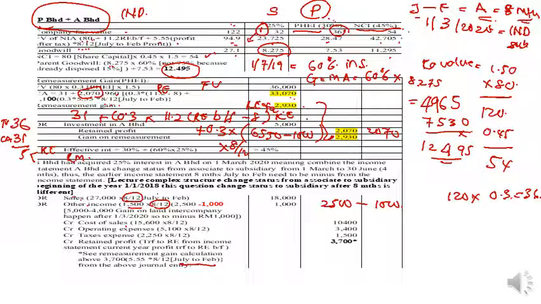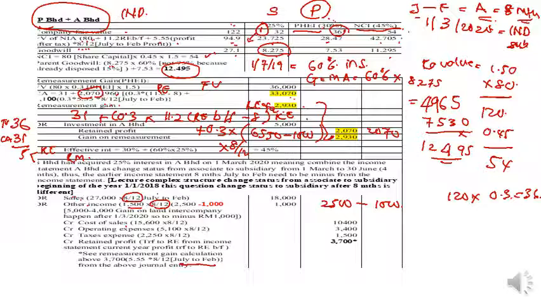Plus the change in your profit. You hold 30% times your RE brought forward minus 8. 11.2 is the RE brought forward, minus 8, where 8 is the RE at acquisition.